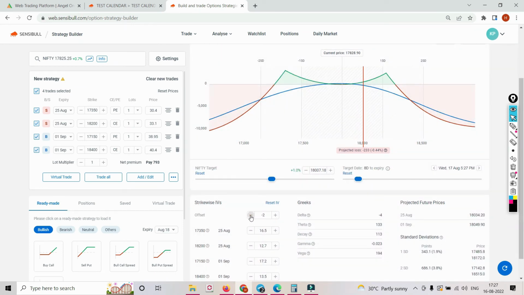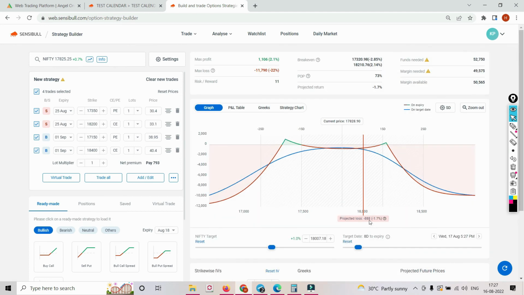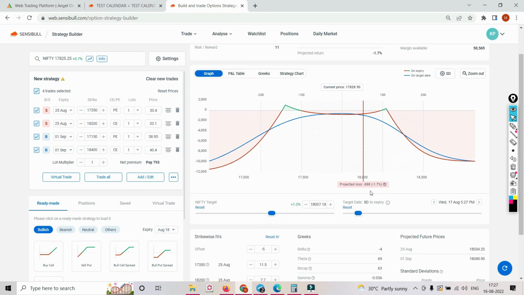VIX will decrease, as we have seen in the example, and you will get into a loss, maybe 500, 600 or 700. Because you deployed the trade Tuesday at 10 or 11 o'clock, or else on Wednesday, the next day, the market gaps up, or the market opens flat and then makes an upside move. This is the only threat of your calendar spread.